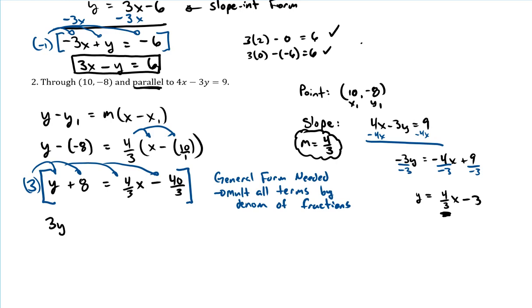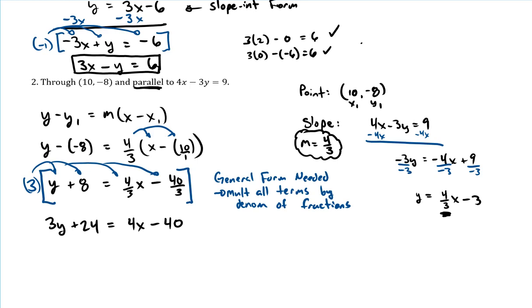Okay, and when we do that, well, 3 times y is 3y. 3 times 8 would be 24. And then multiplying the 4/3 by 3, so this is why we do it: this 3 and that 3 in the denominator would just cancel. So this would be 4x minus, and again, when this 3 in the blue multiplies the 40/3, the 3 in the denominator would cancel out, and we'd be left with just the numerator like that.